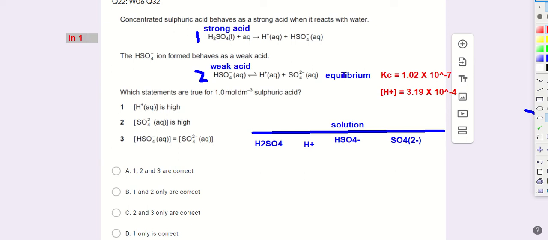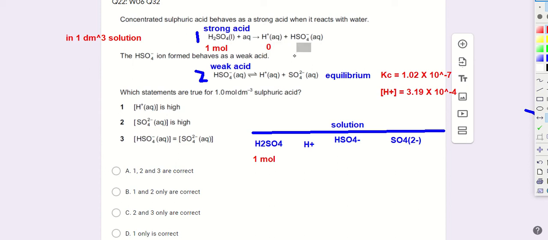In 1 decimeter cube of solution, I have 1 mole. So here, 1 mole. That means I start with 1 mole of this. Right, can follow? So at the beginning, of course, I have 0 here.